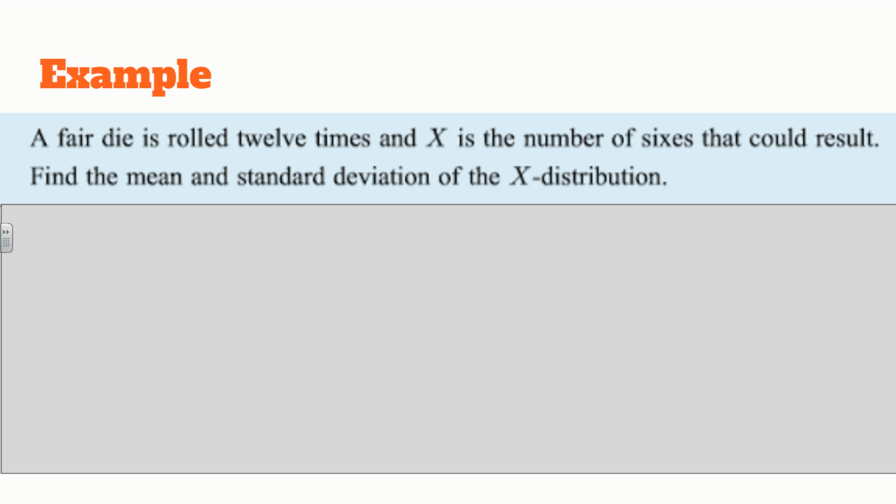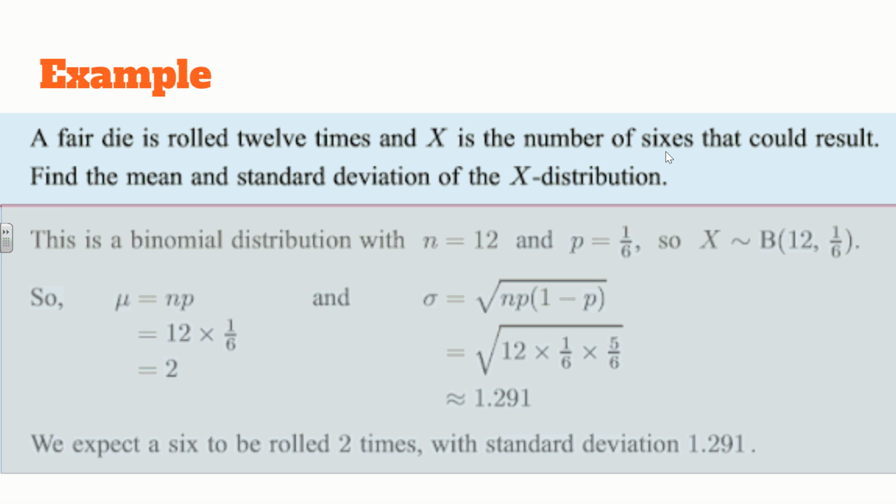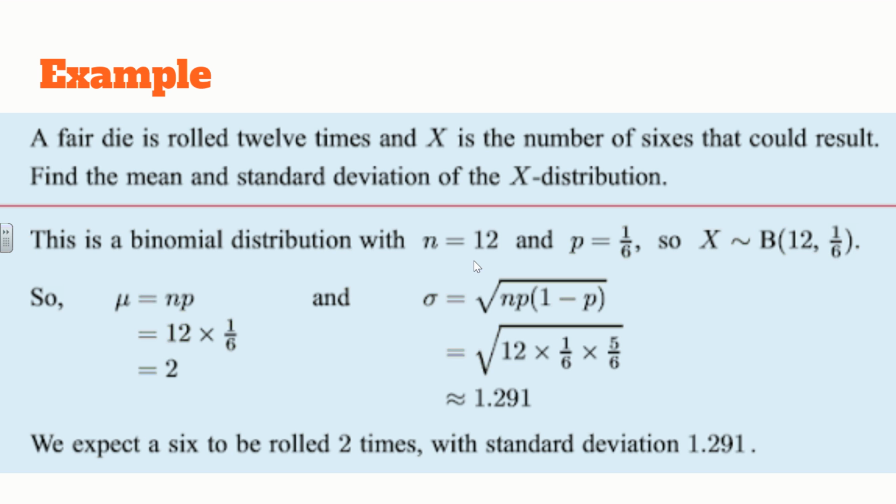Since we are rolling the die 12 times, n is 12, and p, the probability of success, well, how often do we expect to get a 6? 1 out of 6 times. So x is distributed as a binomial distribution, 12, 1/6.